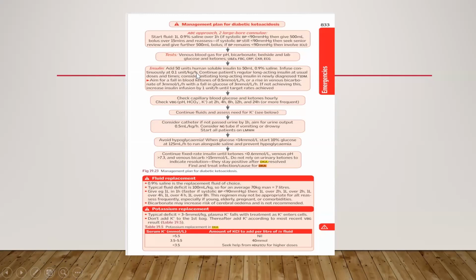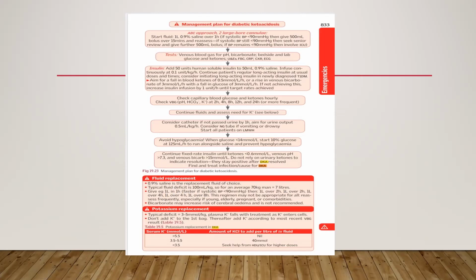So if the patient is, for example, 60 kilograms, we're going to give 6 units per hour, every hour, like a fixed rate. And the fluid is going to be 0.9% saline as the fluid of choice, and we're going to give it at the same infusion rate: the first liter over the first hour, the second liter over 2 hours, the third liter over 4 hours, and so on.